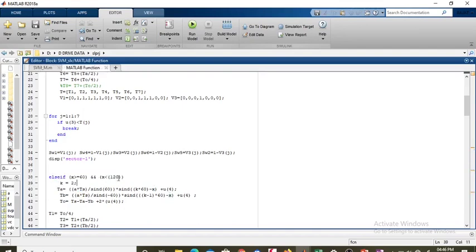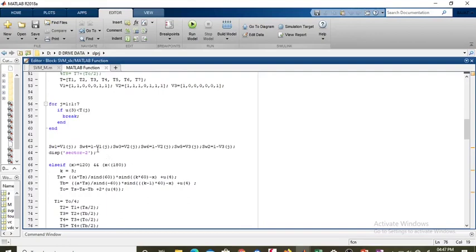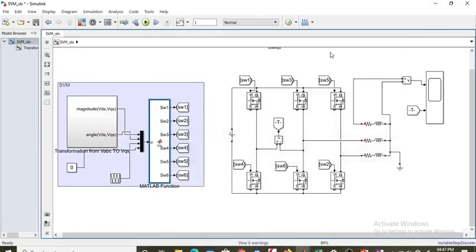I have just said, what is the angle of the reference voltage value, right? And according to that the time equation will be changed, and similarly the same programming is here. If you are unable to understand how I have programmed this, you can put a message in our inbox and ask about your projects.